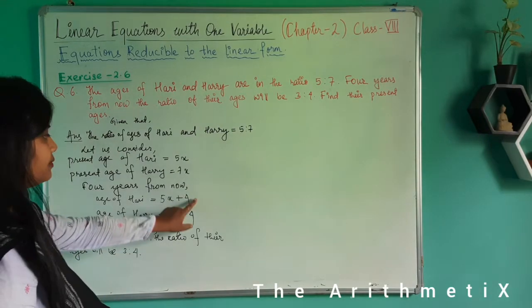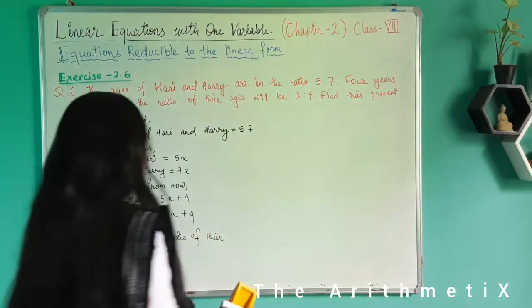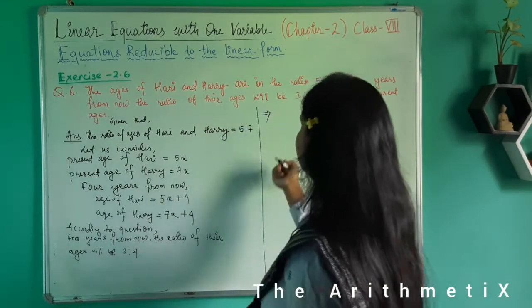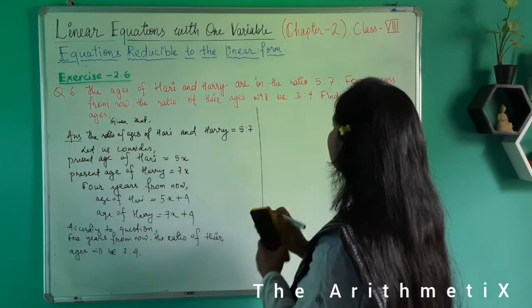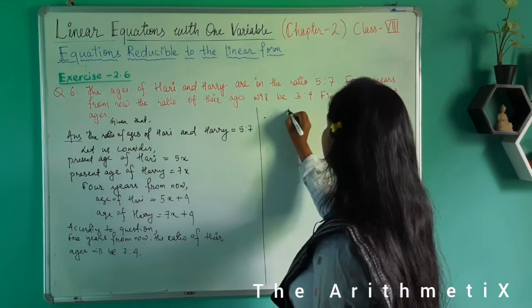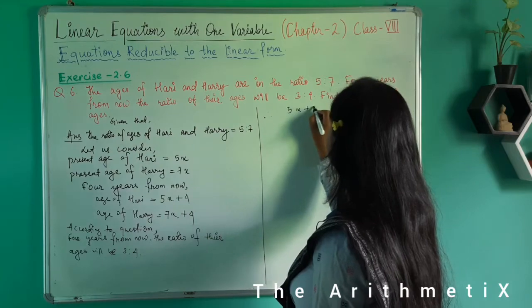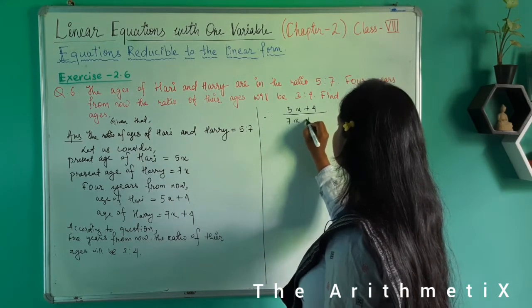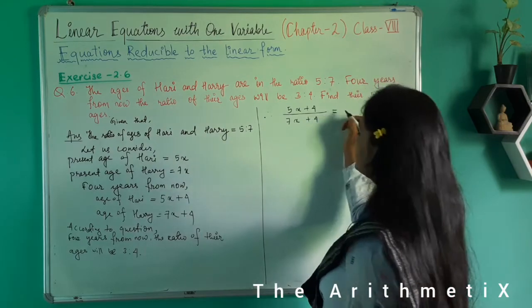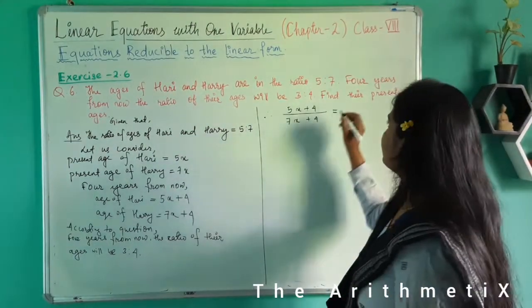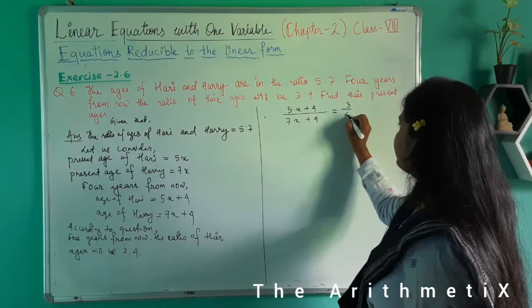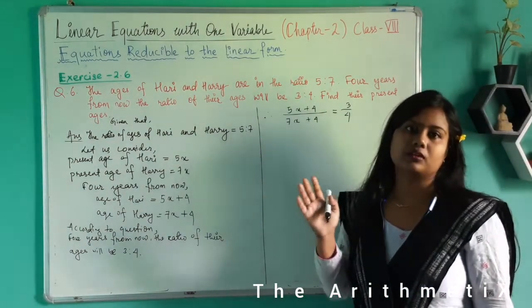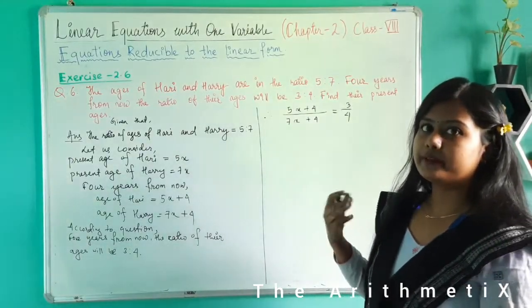Means the ratio of these two ages will be 3:4. If we write it mathematically, therefore (5x plus 4) divided by (7x plus 4) is equal to 3 divided by 4. Now see, this is the form that we used to solve in previous questions.